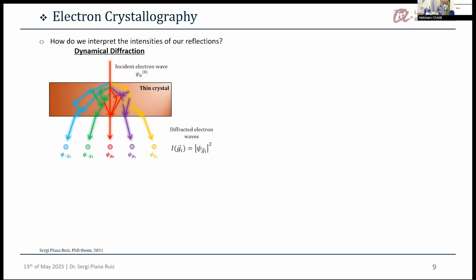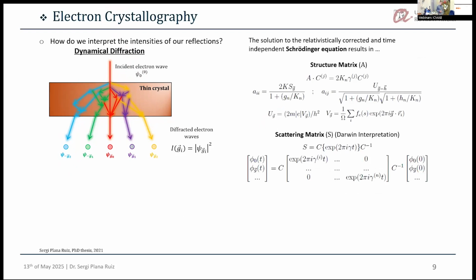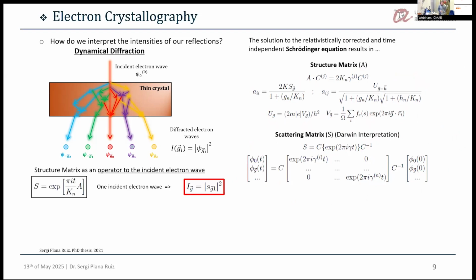And how you calculate these intensities is a bit more complex. I will not go into the details, but you have to use the Schrödinger equation. Mainly, you can have here a structure matrix that you can construct using the structure factors. And you have a scattering matrix here that is pretty interesting. Why? Because the scattering matrix can be considered as an operator that is applied to the incident electron wave.